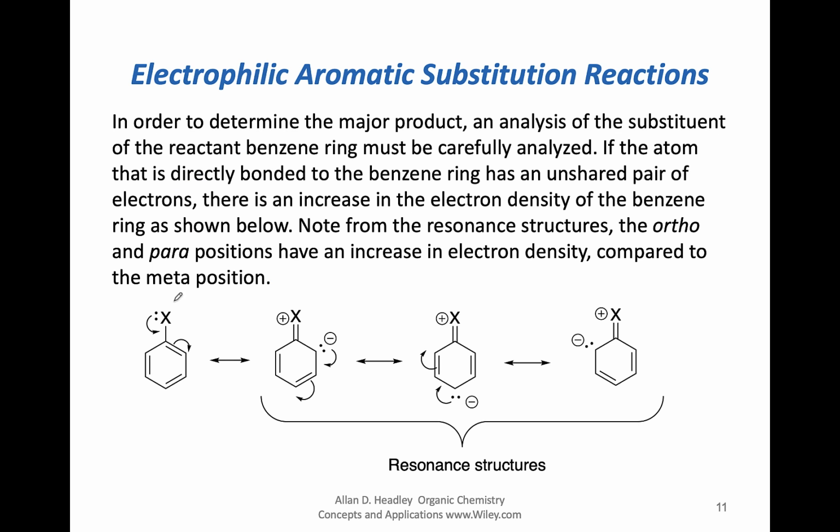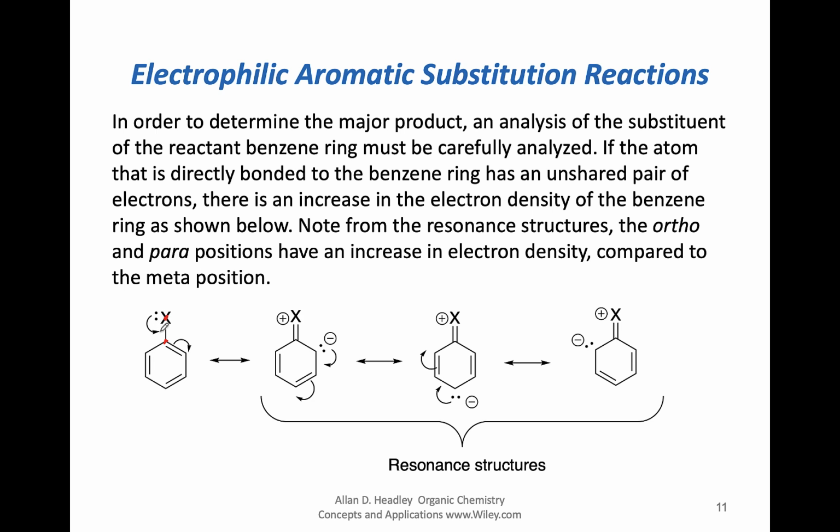So first of all, we'll have to analyze the X, the atom that's directly bonded to the benzene ring. First, if there is a pair of electrons on that atom, key here, a pair of electrons on this atom, let's look at the possibility.